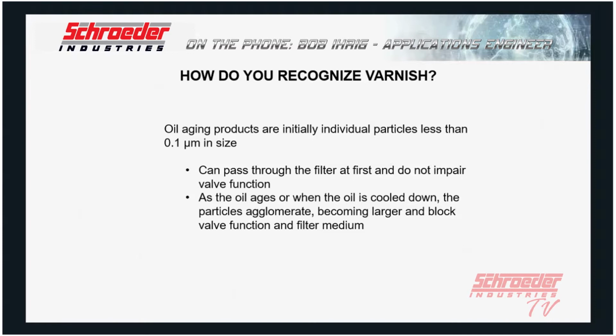But as it cools down, the particulates agglomerate, become larger, become a mass, and it's a little bit easier to approach with mechanical filtration. Again, we'll discuss this a little further, as far as mitigation is concerned, a bit later on.